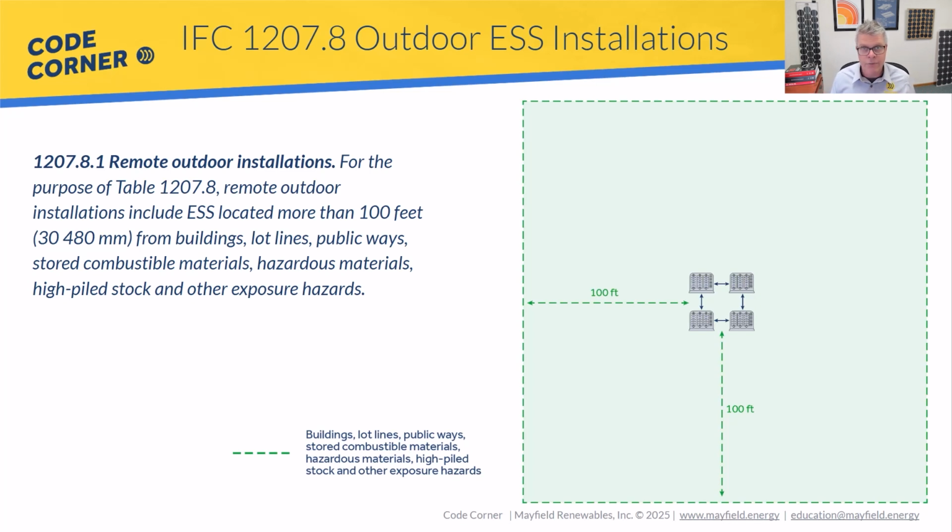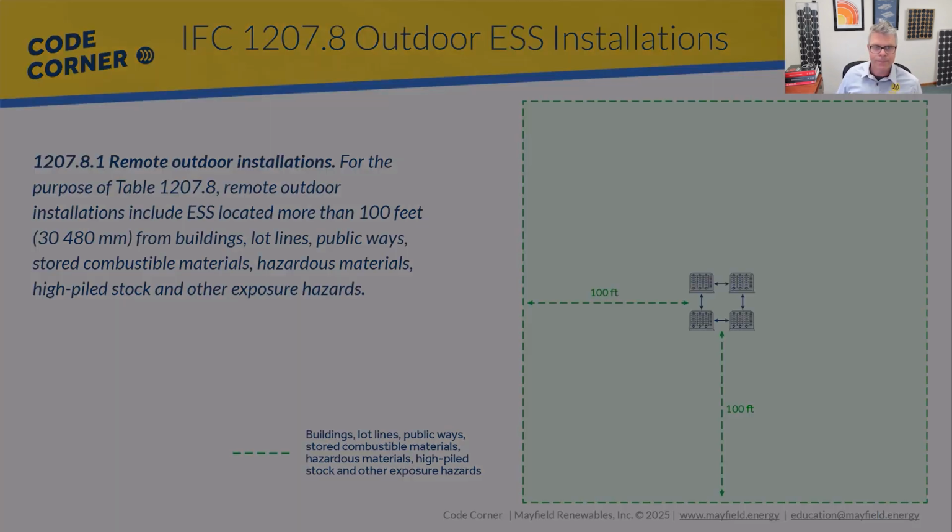The spacing of those does not have to be the 3-foot spacing per code, and then also that 600 kilowatt hour aggregate, we could have more than that out there because we are in this remote location. So that's a visual representation of what we've been talking about with these remote installation requirements.